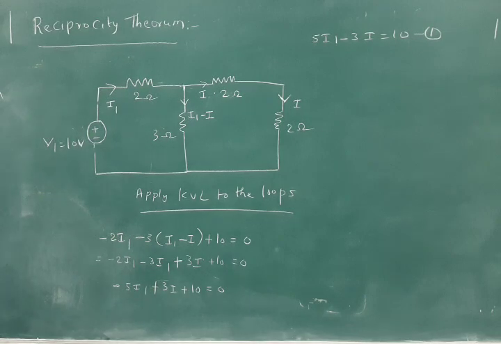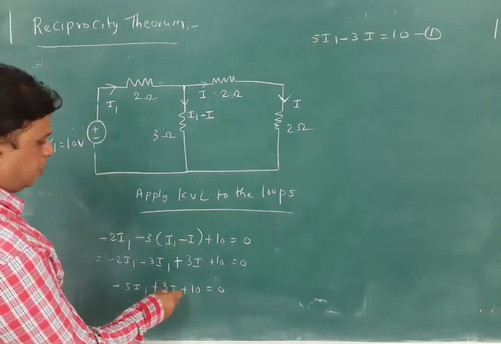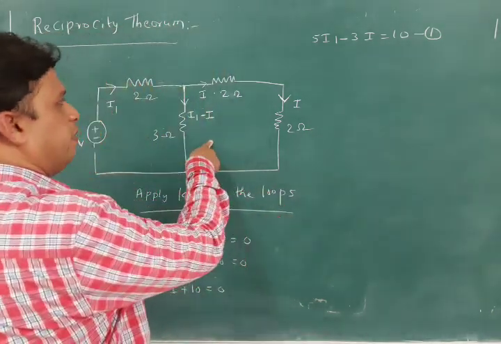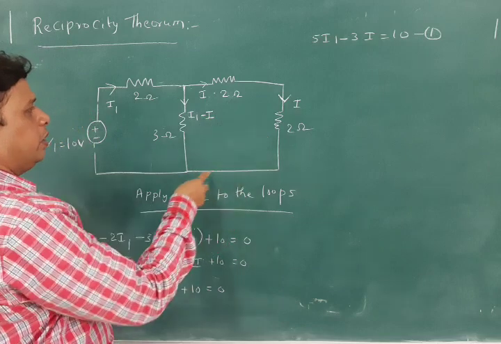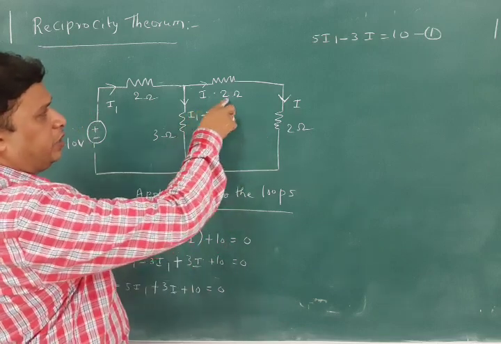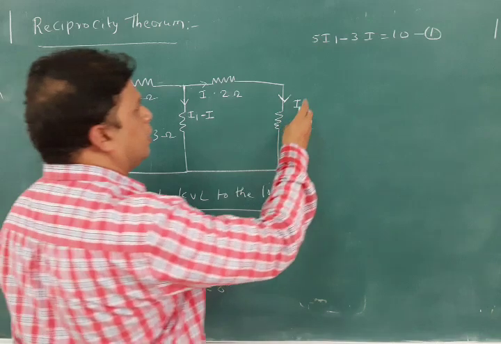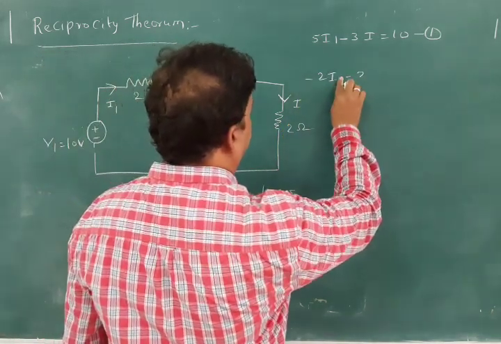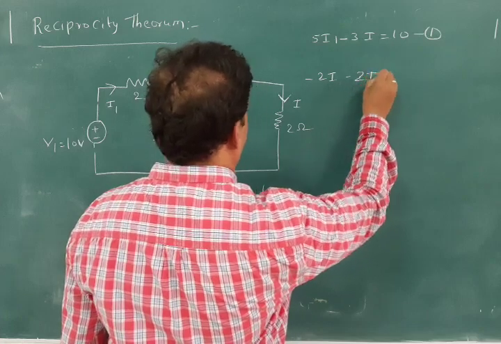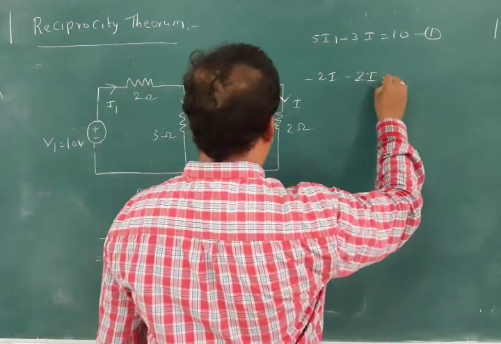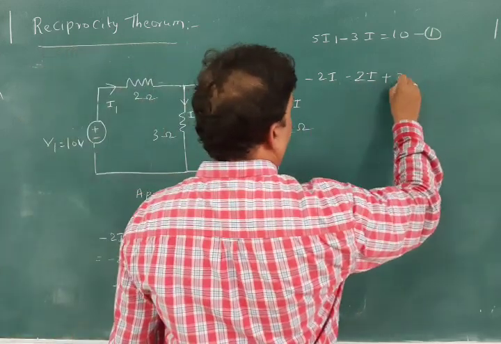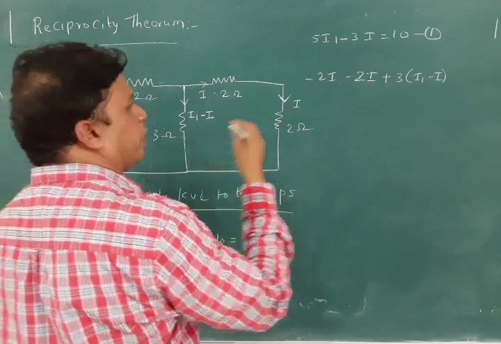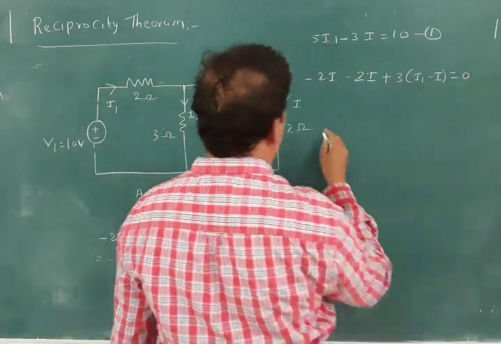Having taken the first equation of loop 1, we take the loop 2 equation. Loop 2 has a 2 ohm and a 3 ohm resistance. The current flowing in this branch through the 2 ohm resistances is I. So we can write minus 2I minus 2I plus 3 into I1 minus I. There is no voltage source, so it is equal to 0.